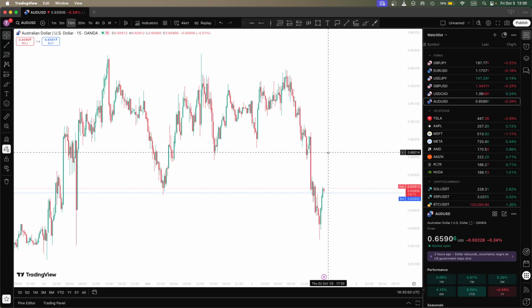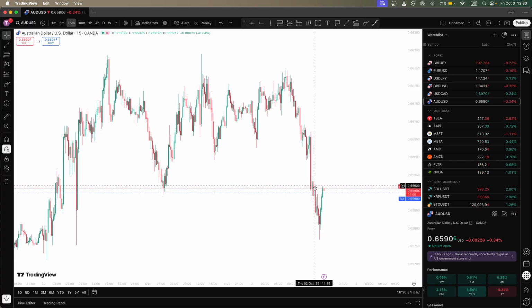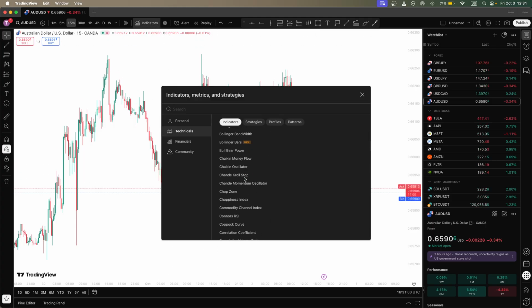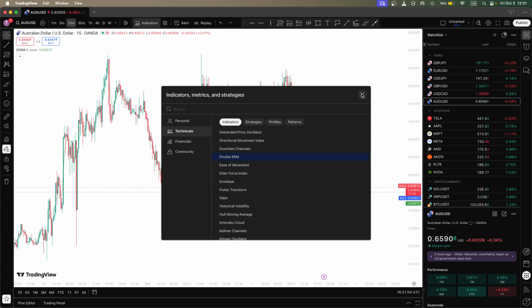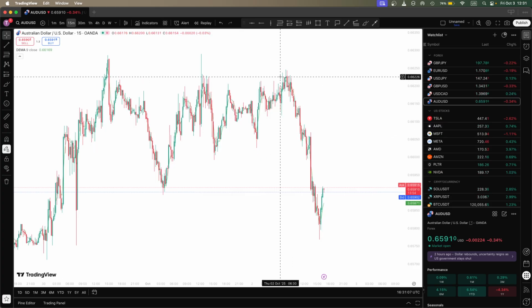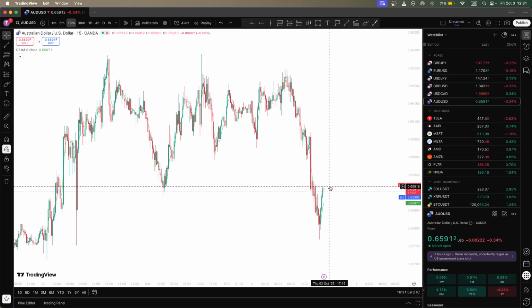Not like that. Think of it as a game of probability and your edge. What is your edge? Some people have an edge using, let's say I give you an example, double EMA. That means when this crosses that, then I take a trade. If it doesn't cross, I don't take a trade.